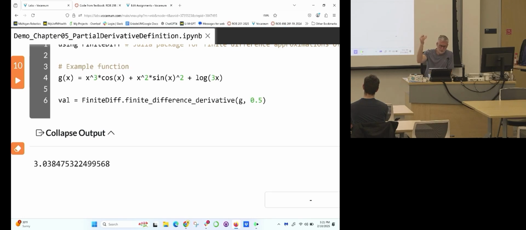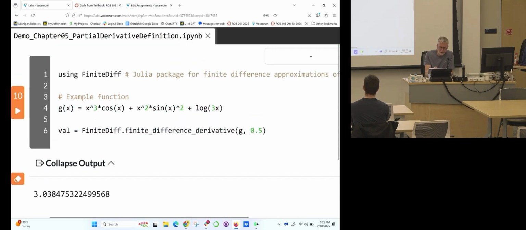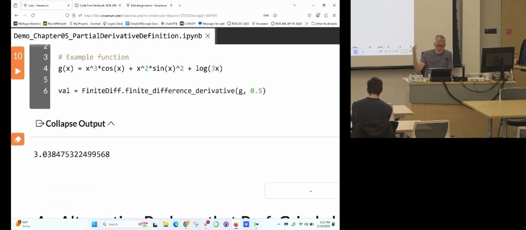In Julia, you can have many packages uploaded. So in line 6, where it says finite diff dot, and we're using package finite diff, it's just saying if there's another package that happens to call derivatives by using finite underscore difference underscore derivative, use the one that's in the package finite diff. That's what it's for, okay? So it helps you specify the package.